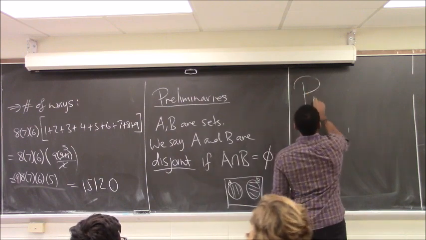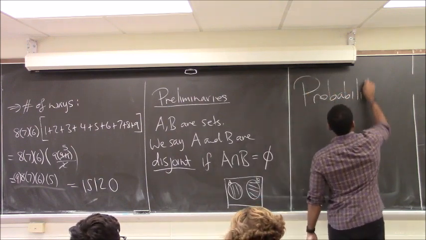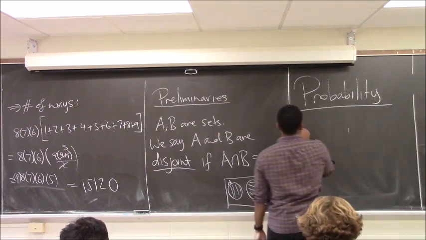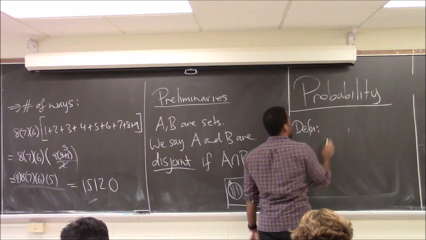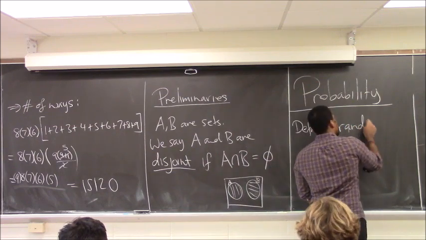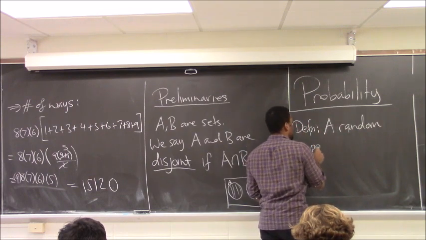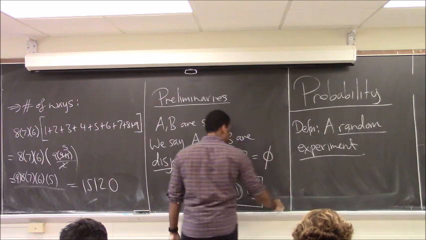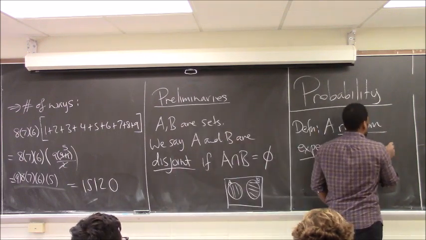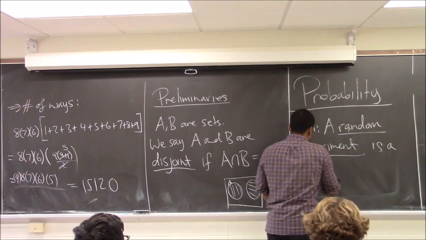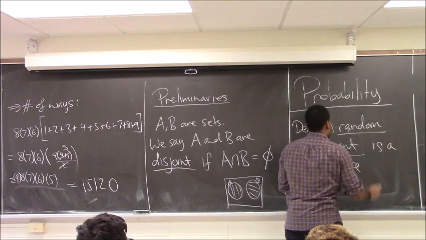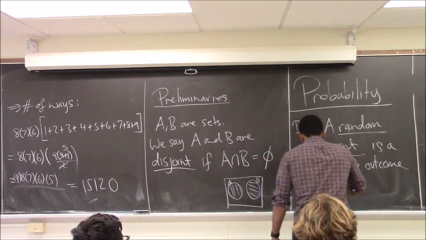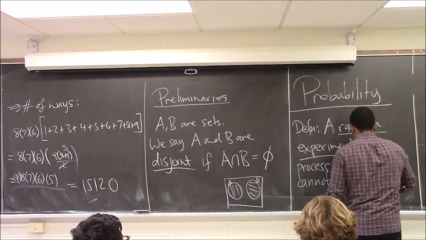I mentioned these other things to you guys already, so I think we can actually jump right into it. Let's talk about probability. Let's start with some definitions. A random experiment. So, there is something called a random experiment. What is a random experiment? It is a process whose outcome cannot be predetermined.